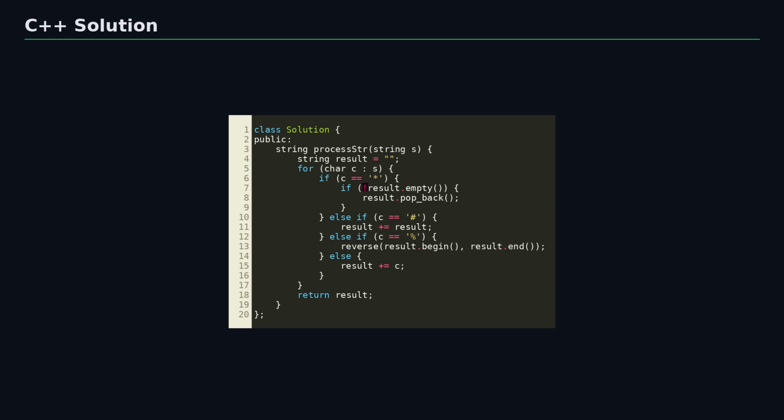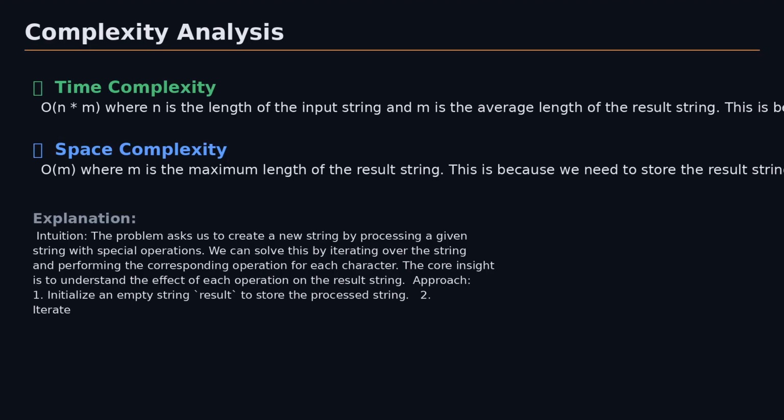If the character is a star, we use the pop_back method to remove the last character from the result string if it's not empty. If the character is a hash, we use the plus operator to duplicate the result string and append it to itself. If the character is a % sign, we use the reverse method to reverse the entire result string. And if the character is a lowercase letter, we use the plus operator to append it to the result string. Finally, we return the result string.